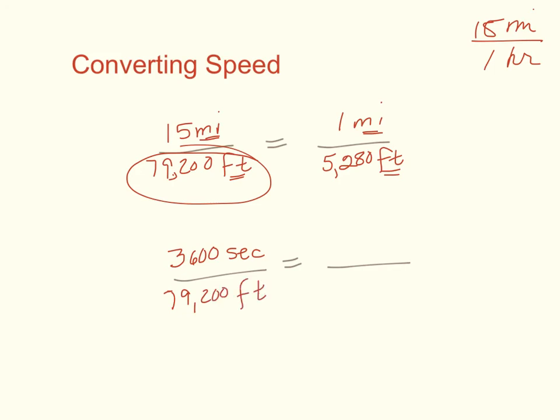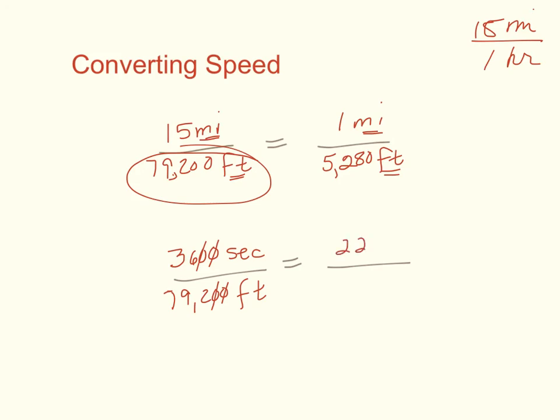Okay. Well, there's my answer, but there's something wrong with that. You see it's got a bunch of zeros. Anytime you have this, you know that you're going to have to reduce. So that's the same as 36 over 792. Oh, those are both even numbers. I bet I could reduce it even farther. And of course, in your book, you see, if I kept going, I'd find out that it's 22.